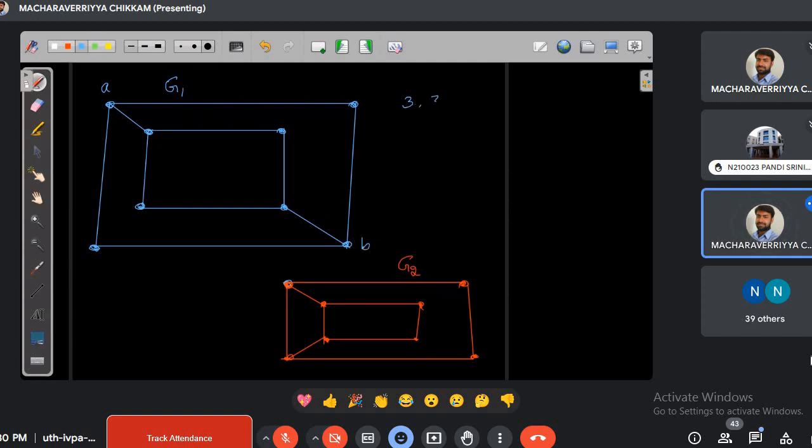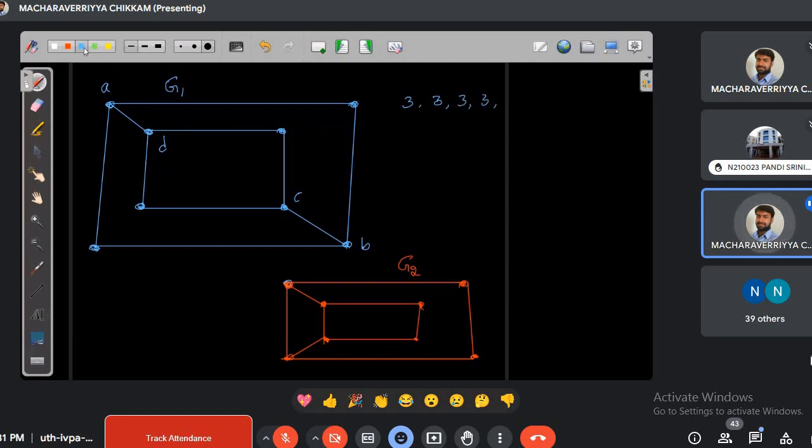B. Its degree is 3. Oh, there is one more. C, D. Right? So these are of degree 3 and 3 only.